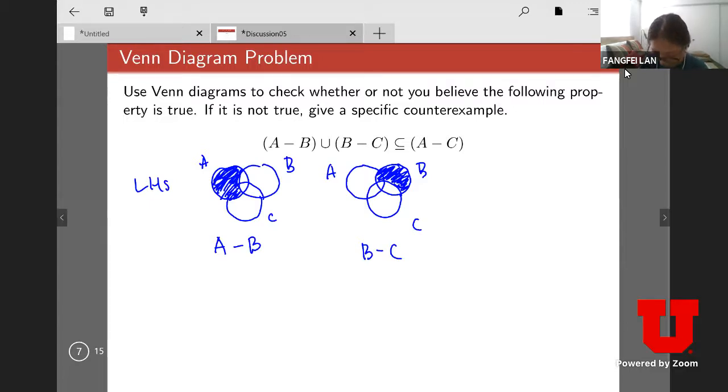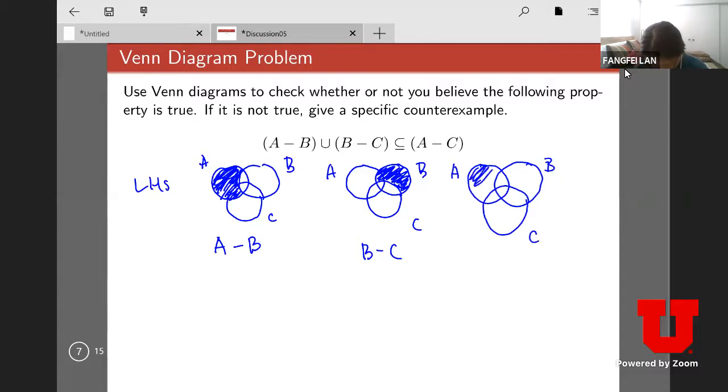So what is (A minus B) union (B minus C)? Put them together. We have this chunk from the A minus B. And we have this chunk from the B minus C. So that is what we get.